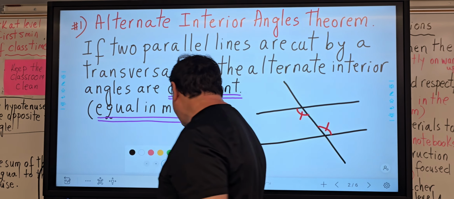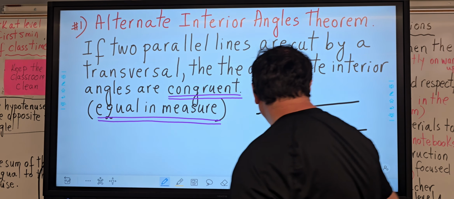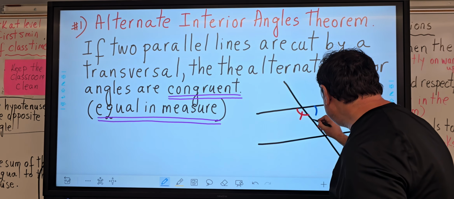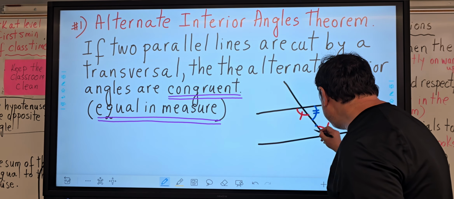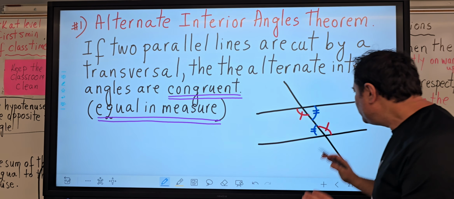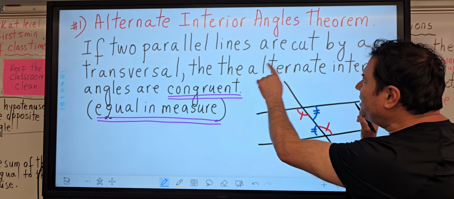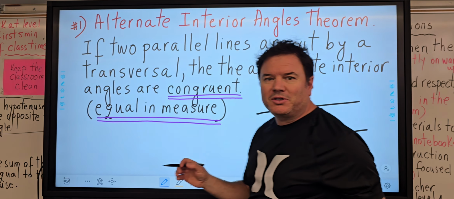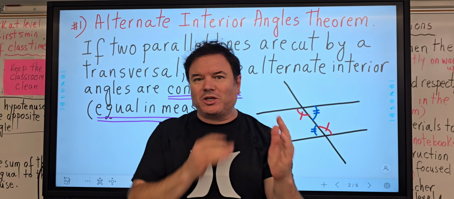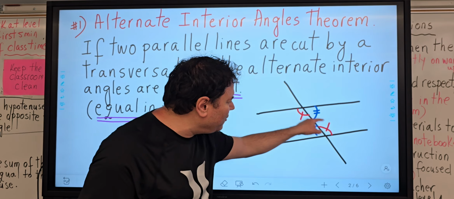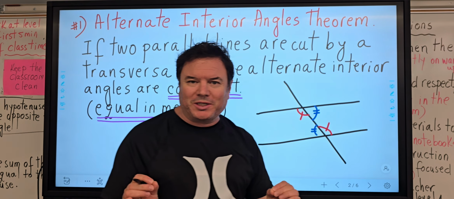And also this angle and this angle are the same. Pay attention to this theorem. It's called the alternate interior angle theorem. If two parallel lines are cut by a transversal, alternate interior angles are congruent.